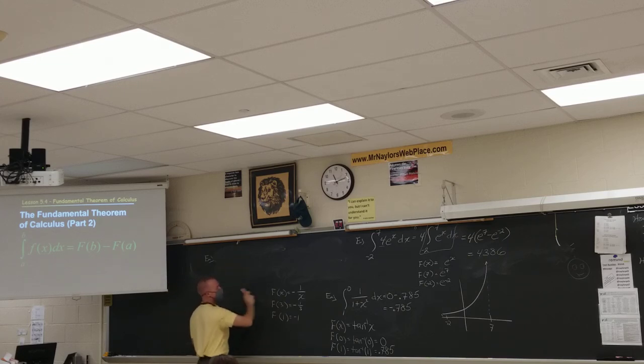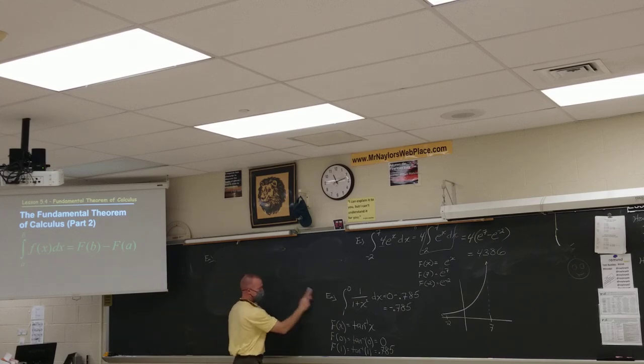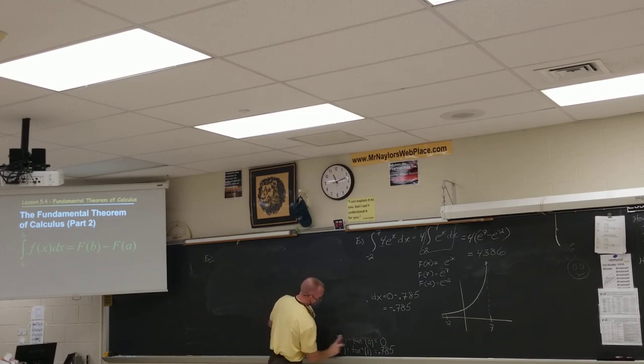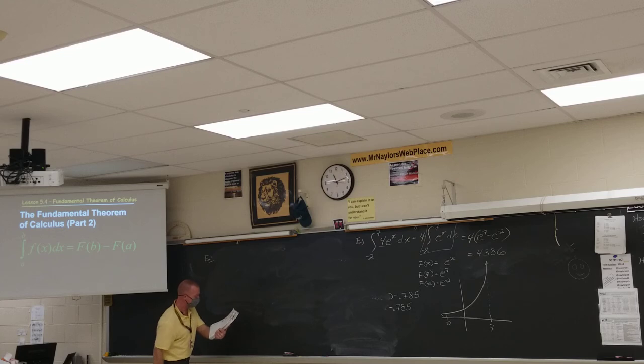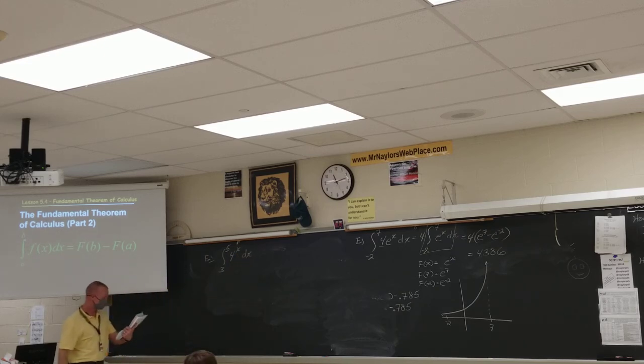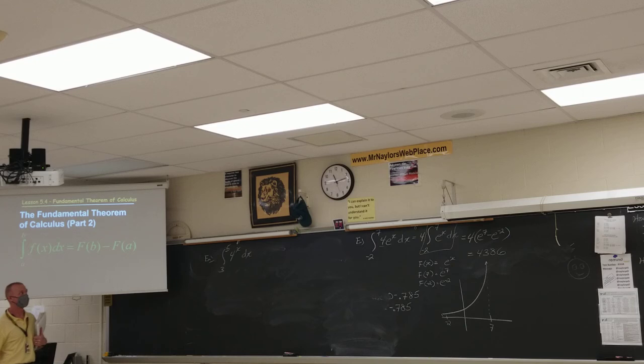I want to do one more integral. Let's see how far we get with it. And it kind of piggybacks off of e to the x. But this time it's 4 to the x.